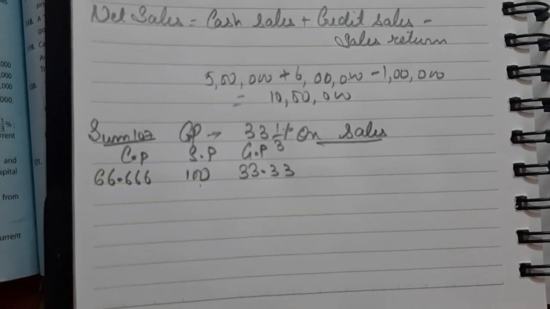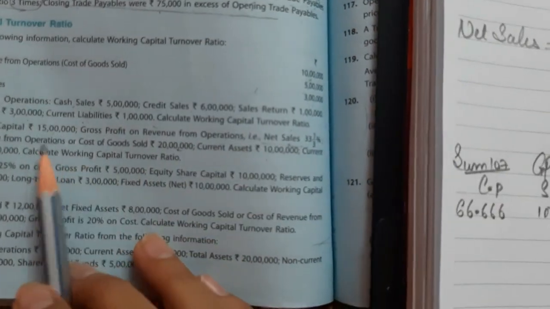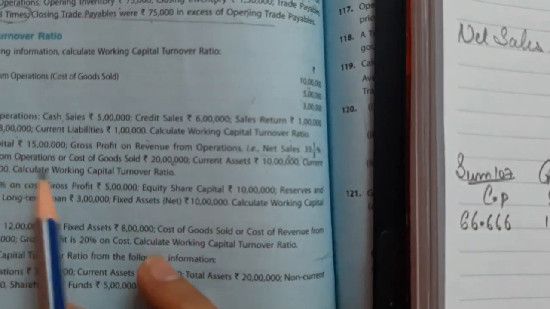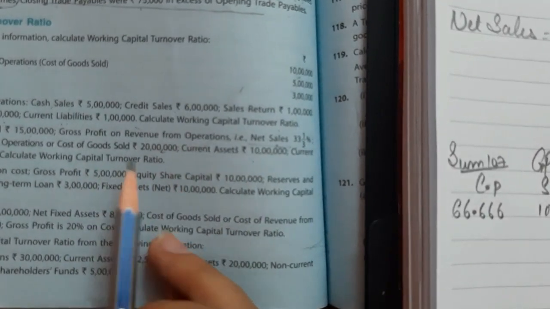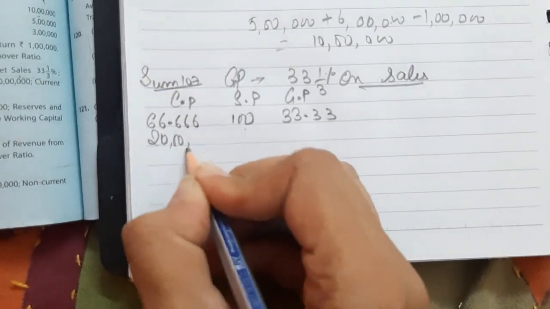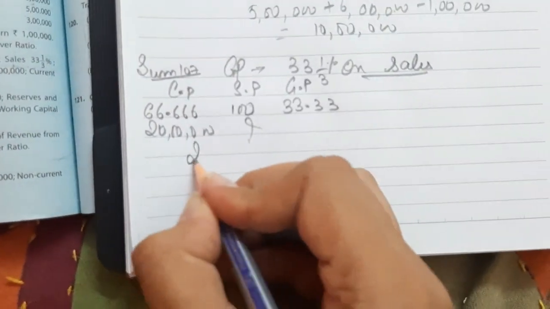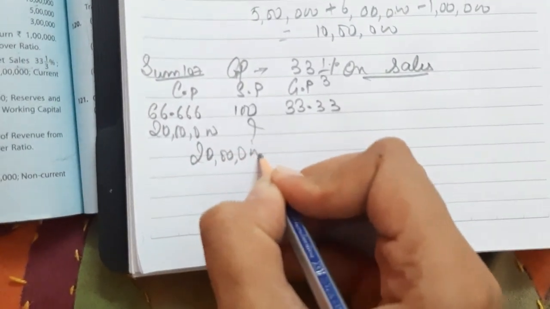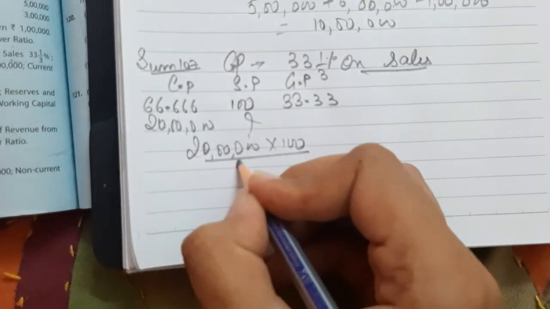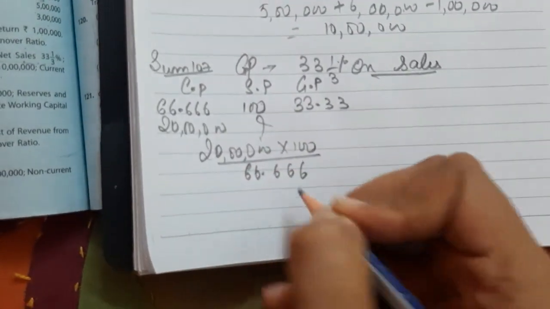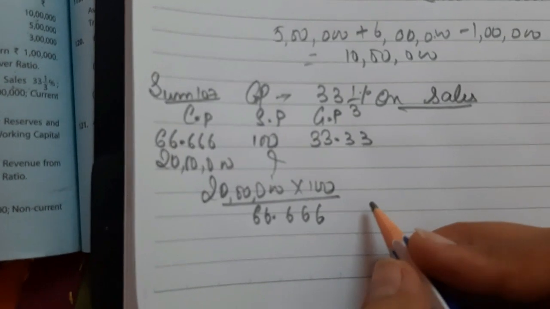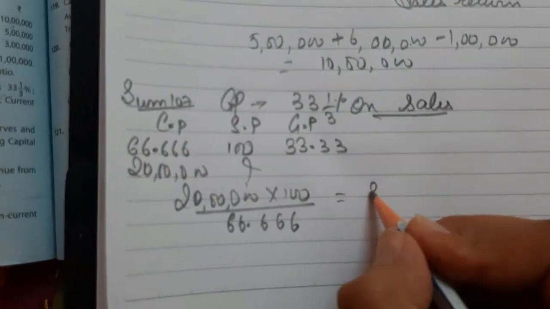So you got your cost as 66.66, and cost is given to you as 20 lakh. So if cost is 20 lakh, what will be selling price? So this will be 20 lakh into 100 divided by 66.666, so you'll get your sales as 30 lakh.